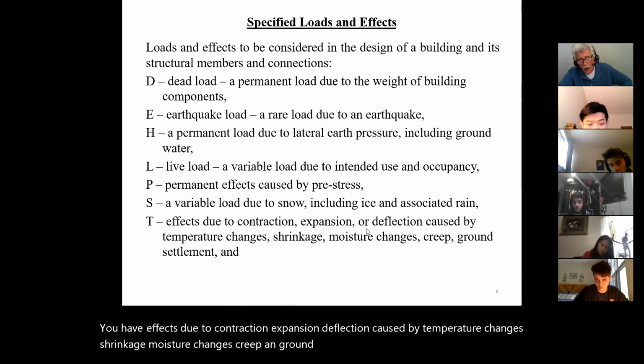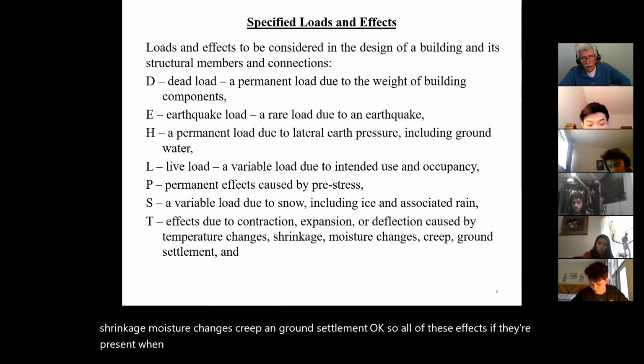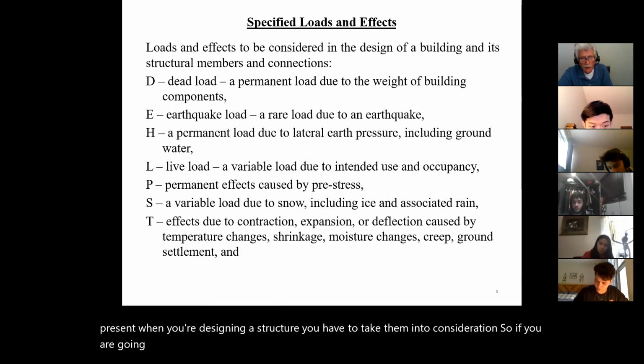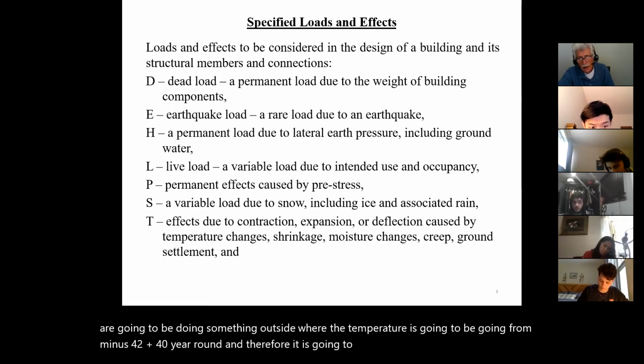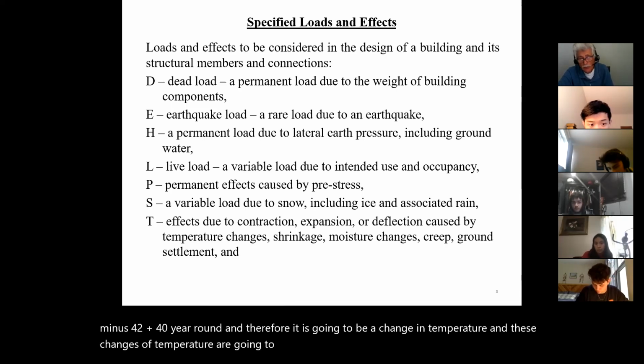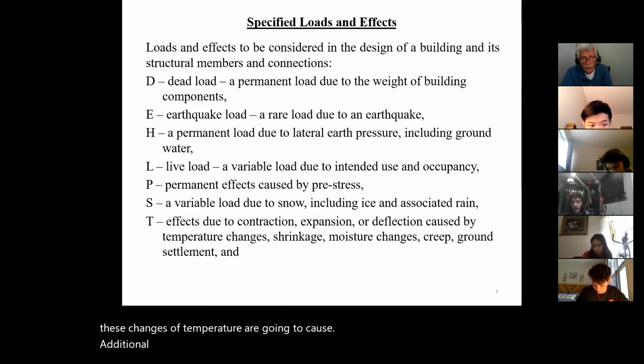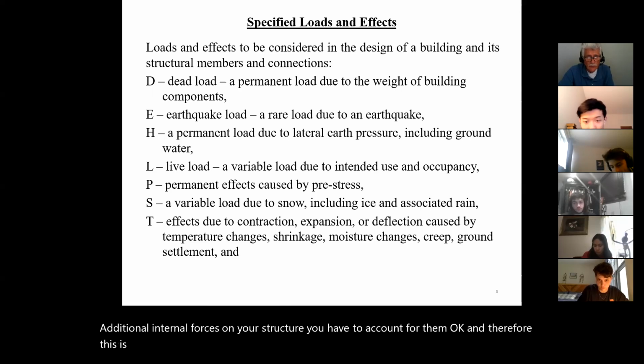If these effects are present when you're designing your structure, you have to take them into consideration. If you are doing something outside where the temperature goes from -40 to +40 year round, these changes of temperature are going to cause additional internal forces on your structure, and you have to account for them.